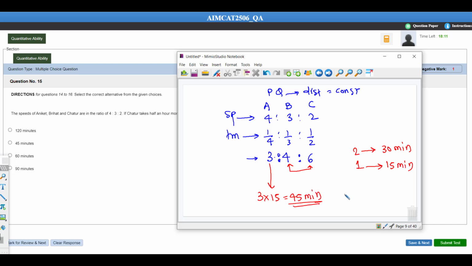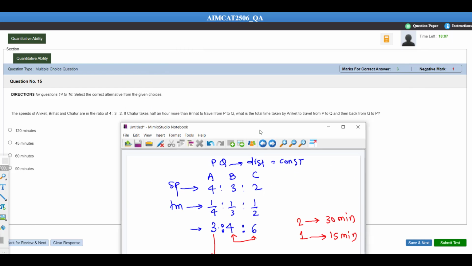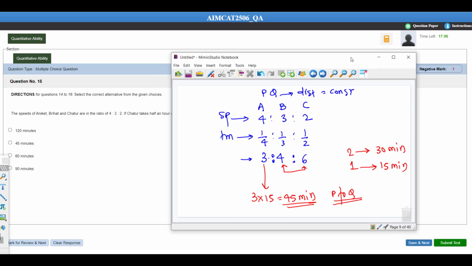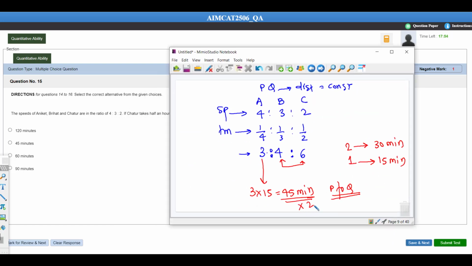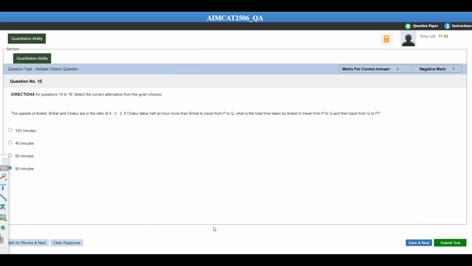The time taken by A to travel from P to Q is 45 minutes. Yes, the question is asking about A. So to travel from P to Q is 45 minutes, and to come back from Q to P, a return journey, it will also take 45 minutes. 45 into 2, 90 minutes is the answer of this question.